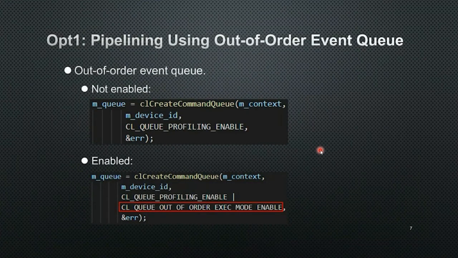Here is the first optimization method, which is to enable the out of order event queue. We pass this flag when calling clCreateCommandQueue so that we can enable the out of order event queue.